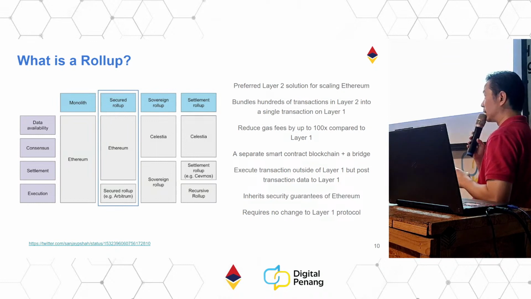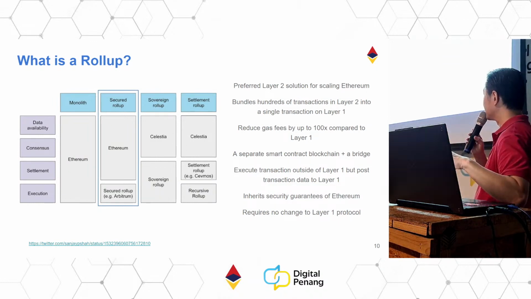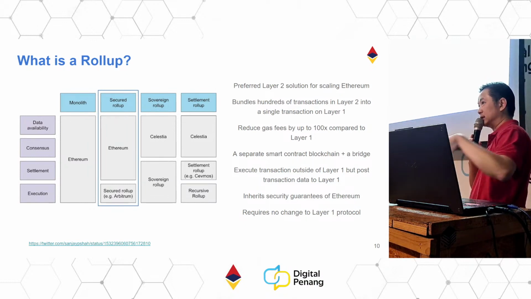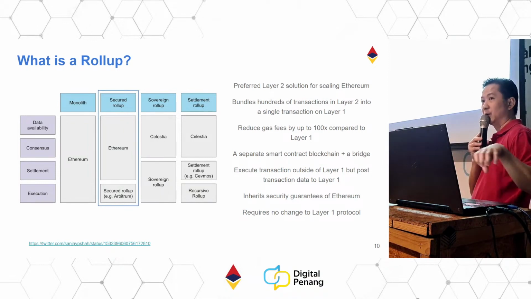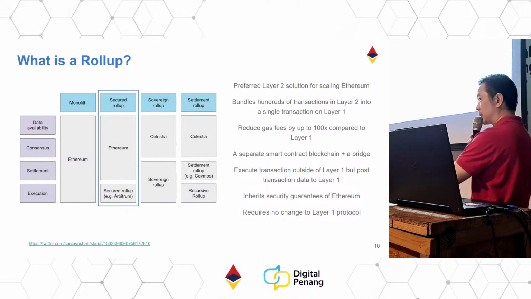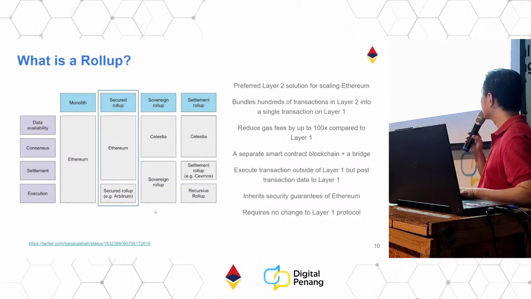That is why it is slow. So we now move the slowest part out of the main chain and do the calculation at another layer. Once the calculation is done, we roll up the end results back to Ethereum. That's a rollup.